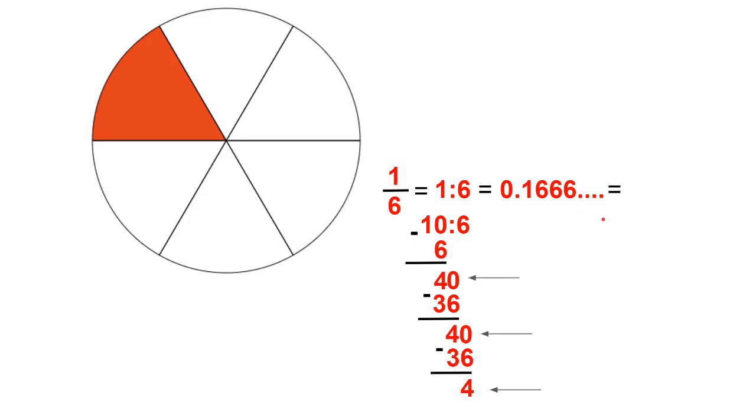Only the 6 is recurring, not the 1. So we have 0.16, and we put the recurring sign only on the 6, because the 1 is not recurring. It appears only once. And we get that 1/6 is 0.16 with a recurring 6.